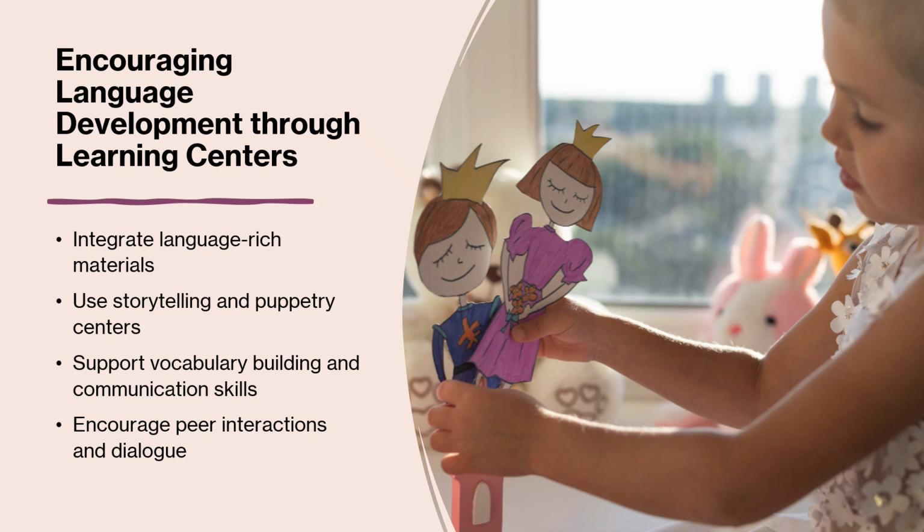Centers should also have word labels and vocabulary cards to introduce new words in context. Encouraging peer interaction allows children to practice conversational rules, such as taking turns and active listening. These experiences build vocabulary, narrative skills, and overall communication competence, foundational to later academic success.